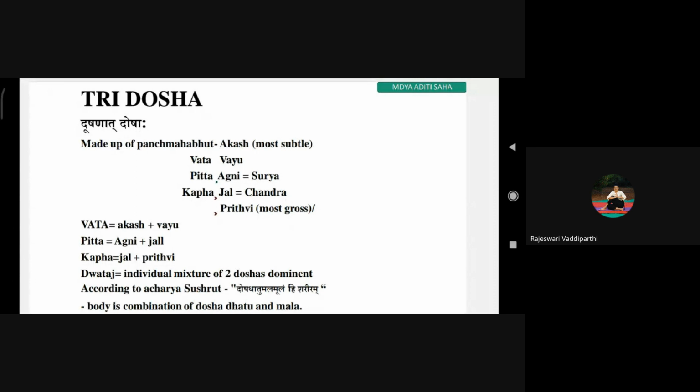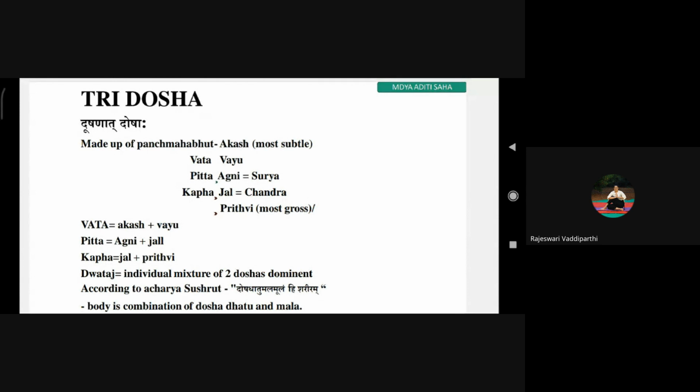If they get unbalanced, they produce unwanted mala. And these doshas are made up of Panchamahabhuta, in which Akash is the most subtle and Prithvi is the most gross.